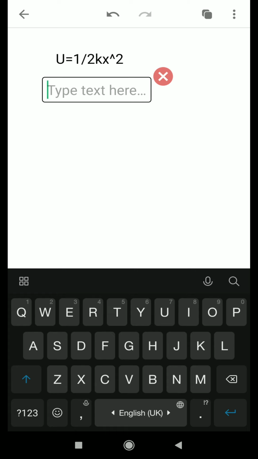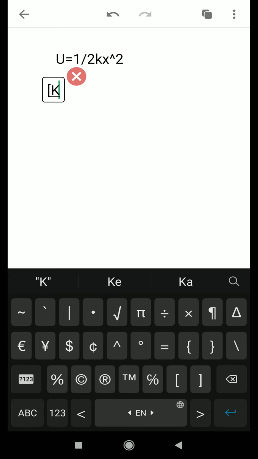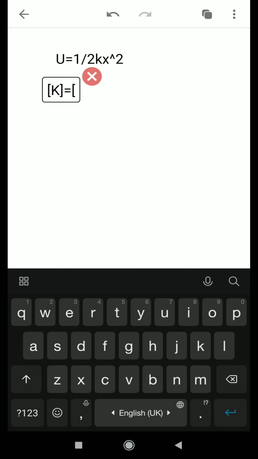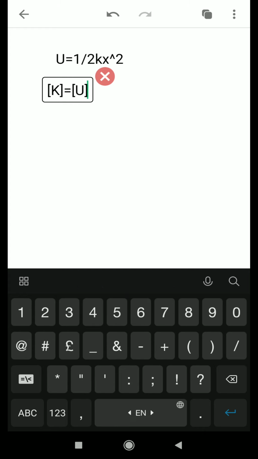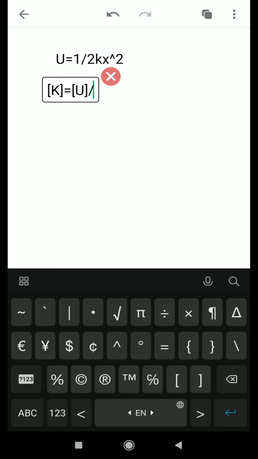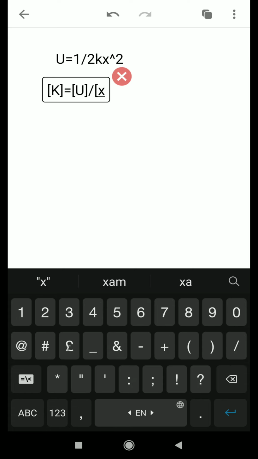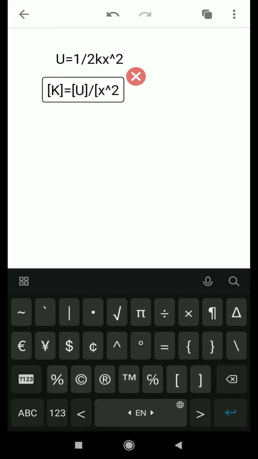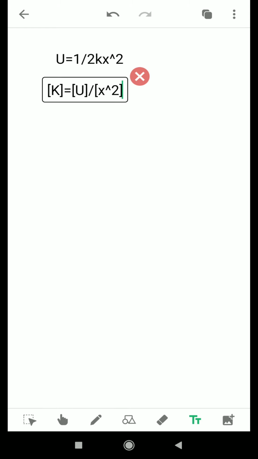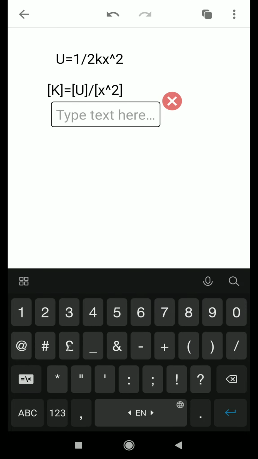So from this equation you have got that the dimension of k equal to dimension of U divided by dimension of x square. Clear? So you can write the values here.